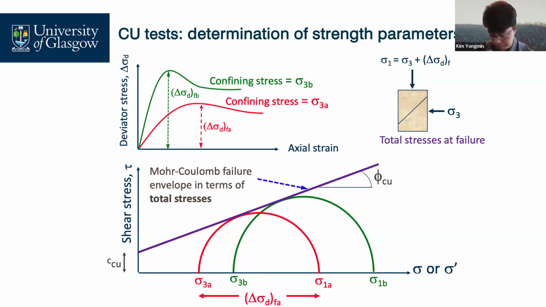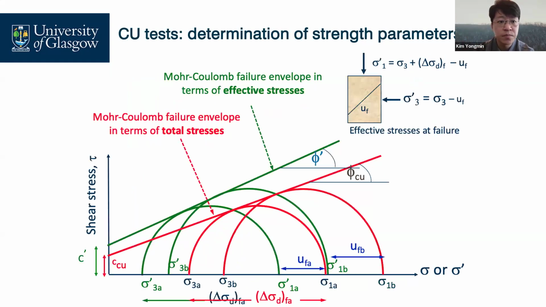In this case, U means undrained. Undrained means we can measure water pressures. So we can draw another two more circles, which are the effective Mohr circles. The small red circle is the total stress Mohr circle, and then minus out the water pressures.